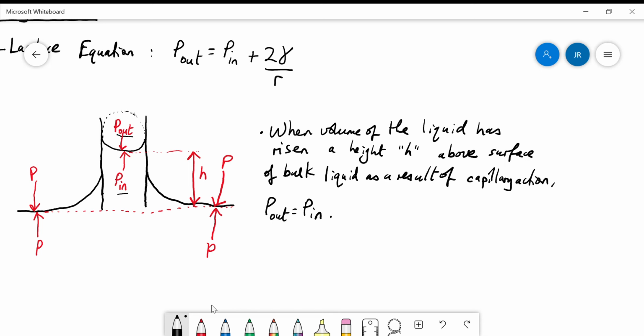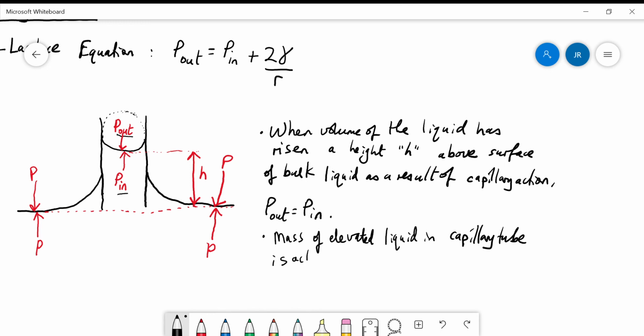we also have to acknowledge that the mass of the elevated liquid in the capillary tube is going to be acted on by the force of gravitation.